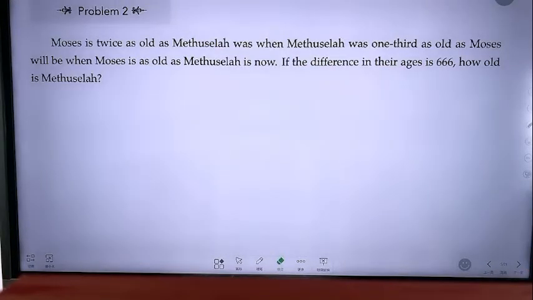And now we move on to problem two. That problem two is essentially an English problem.